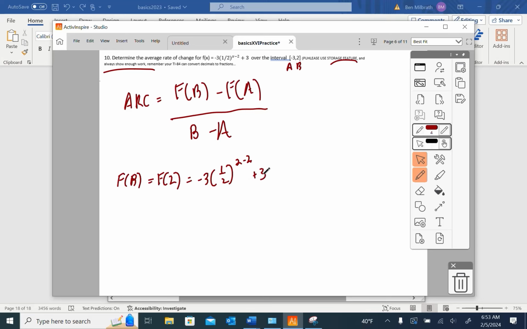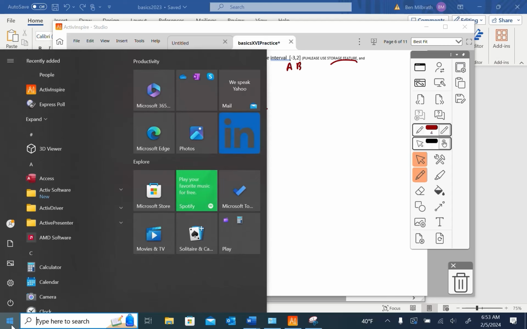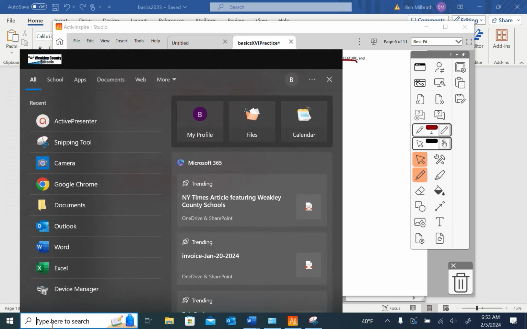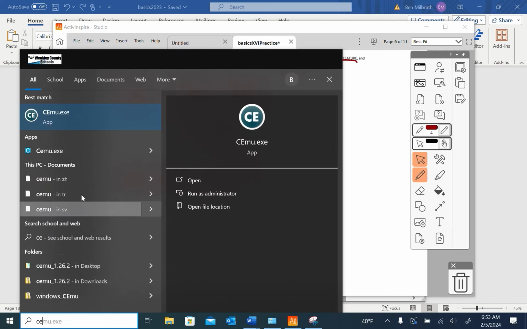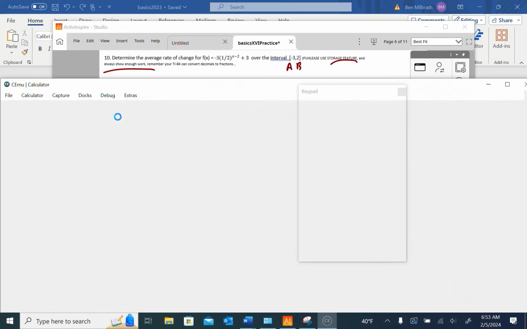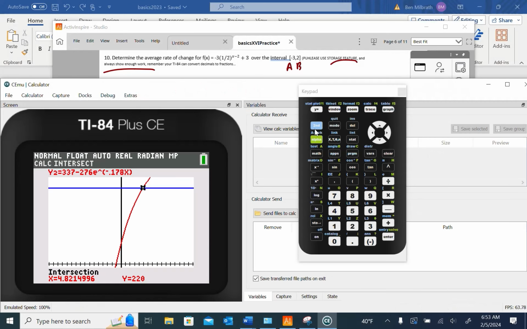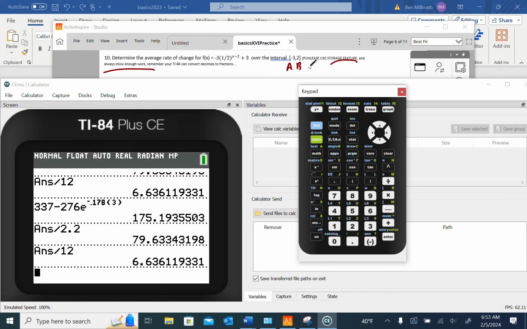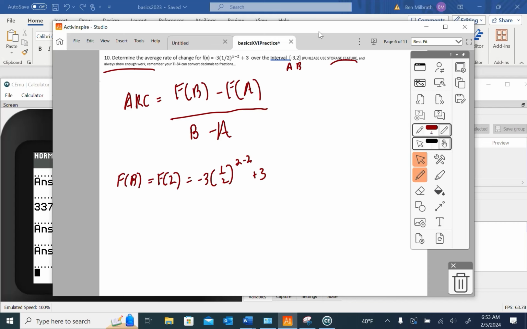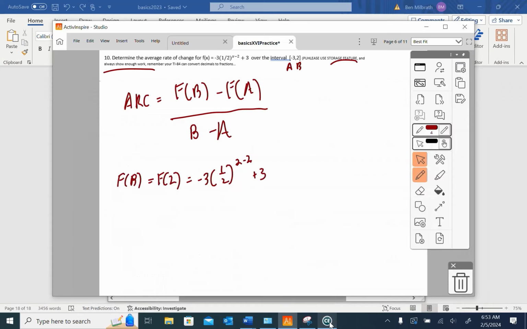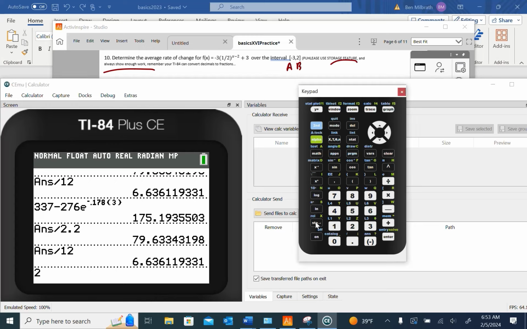Now, if I don't know what that is, and a lot of you don't, I'm going to go to a calculator. CMU is what I want. And I'm just going to push some buttons. What I have here, I had negative 3 half to the x minus 2 plus 3. And I'm plugging in a 2. 2 stored to x.